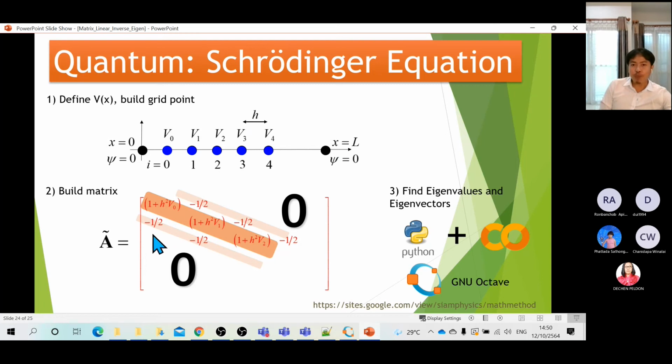We build this matrix and ask the program to solve the eigenvalue, which gives us the energy, and the eigenvector, which gives us the wave function. Now let's go to the Python code to get a big surprise in the result.